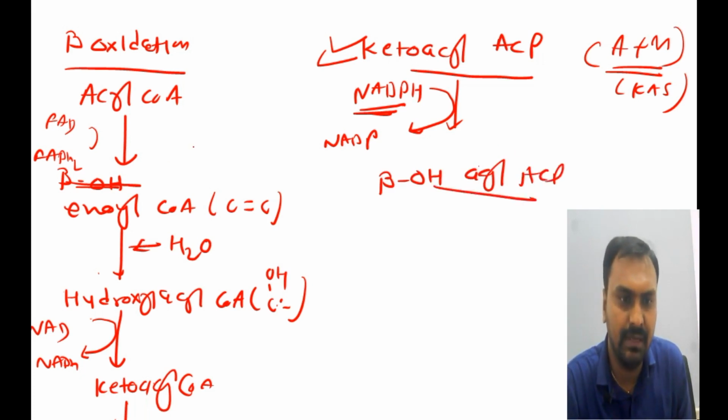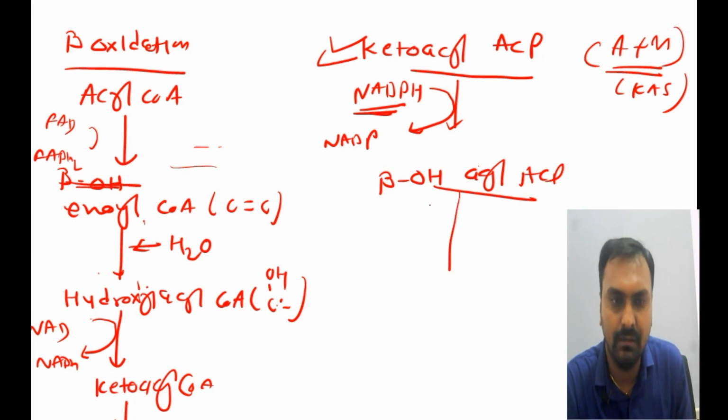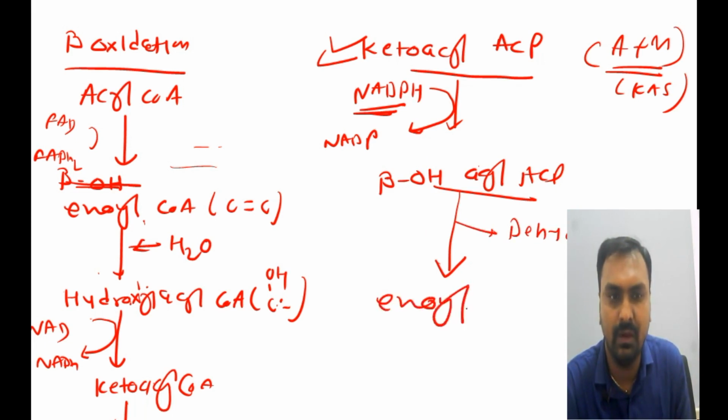Now in this step, in beta oxidation, what was happening? Hydroxy was converted to enoyl. Here the reverse occurred, so a dehydratase enzyme is required, and it will be converted to enoyl ACP. In beta oxidation, acyl CoA was converted to enoyl-CoA.